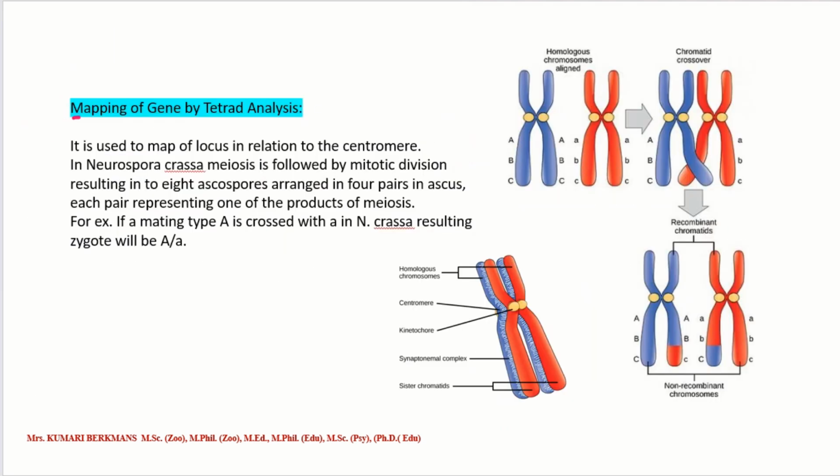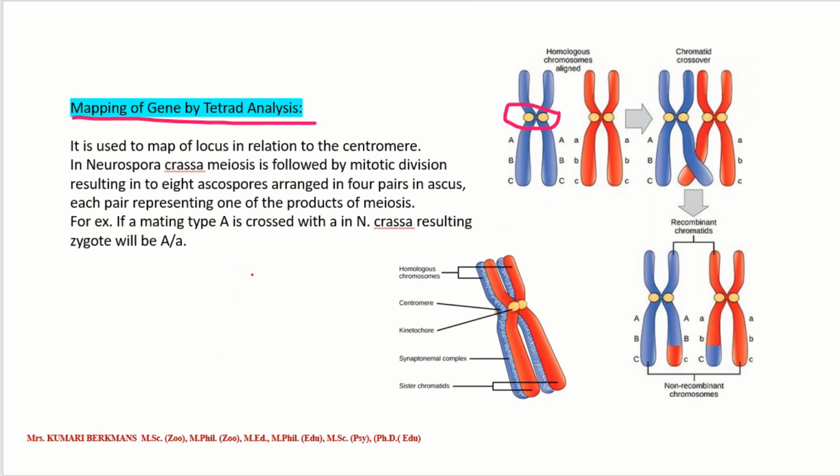The next one is mapping of genes by tetrad analysis. It is used to map the locus in relation to the centromere. This is the centromere. In Neurospora crassa, meiosis is followed by mitotic division.